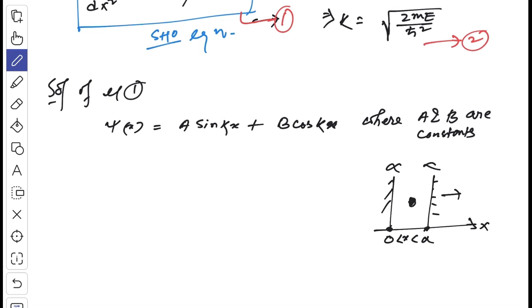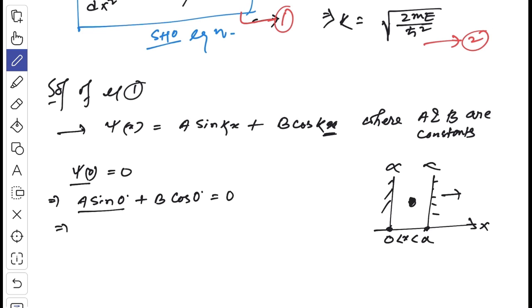So we will get psi of 0 equal to 0. From this equation, psi of 0 will be A sine k into 0, that is sine 0, plus B cos k into 0, that is cos 0, equal to 0. Sine 0 is 0, so this term is 0, and we get only B. Cos 0 is 1, so B is equal to 0.